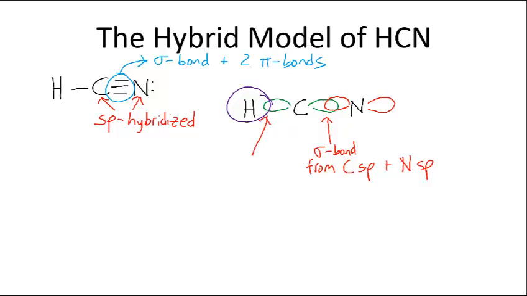But now nitrogen has a leftover sp orbital that's not overlapping with anything. So what goes there? That's where the lone pair lives. So the lone pair lives in that sp orbital.